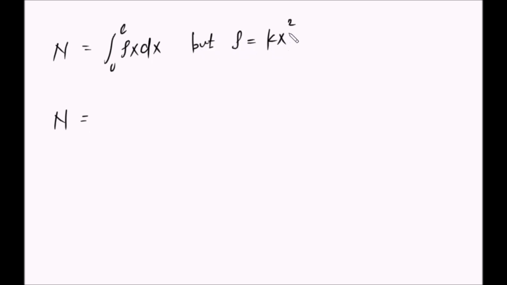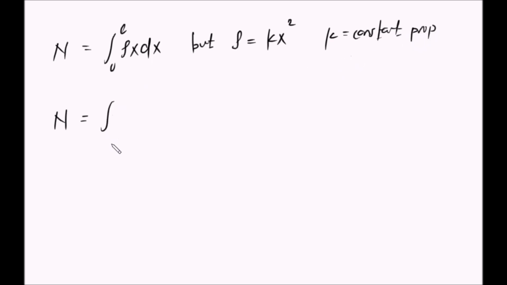So moment tumesema ni we integrate from 0 to L density x dx. So density is not uniform, ndio maana tuitoi nje. So moment itakuwa sasa, tumesema density ni kx squared. So k is what? Is a constant of proportionality.